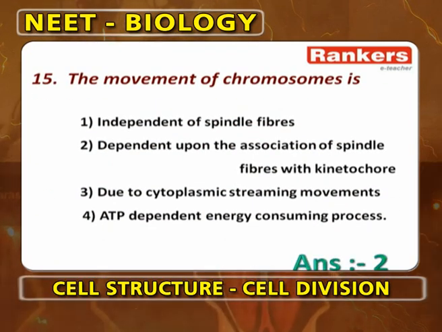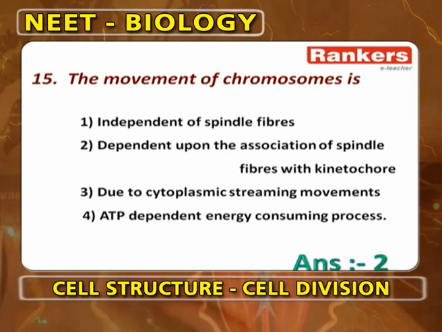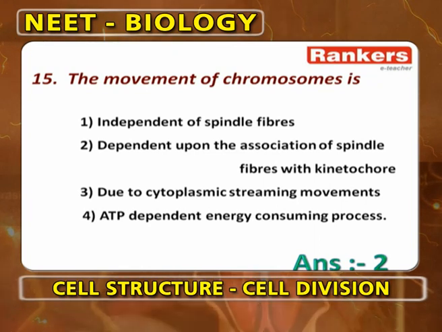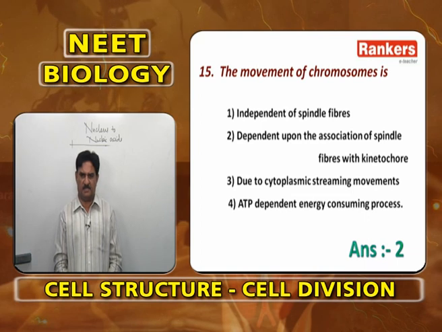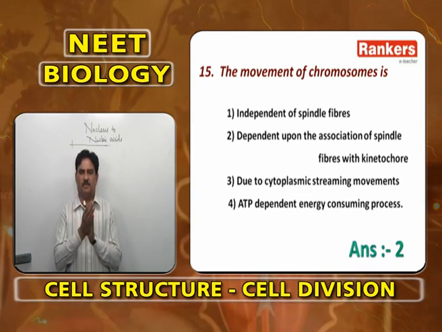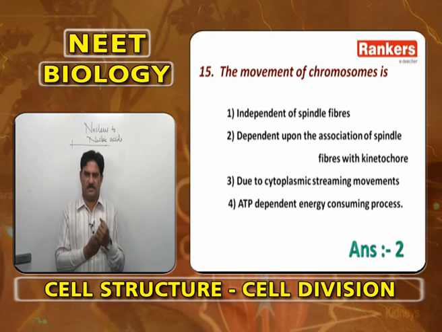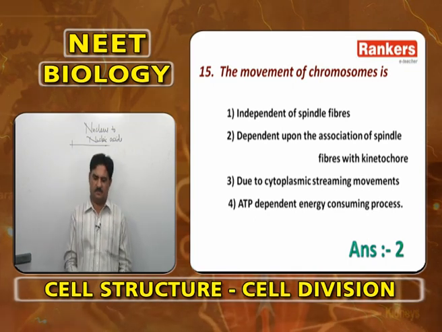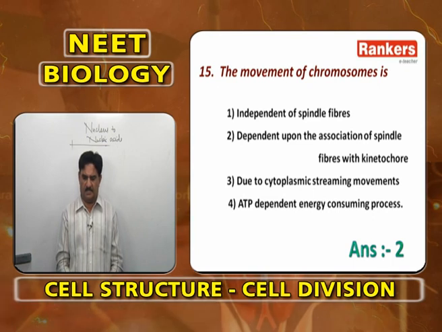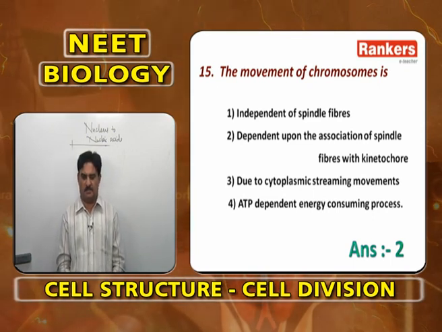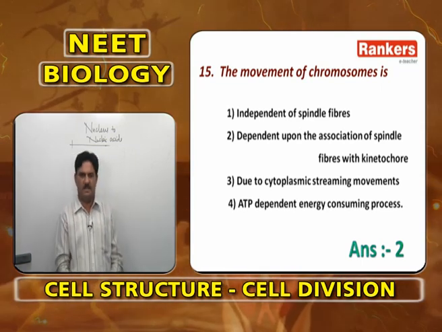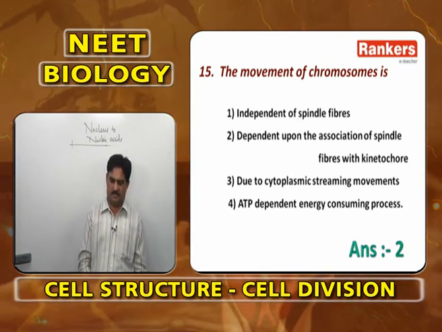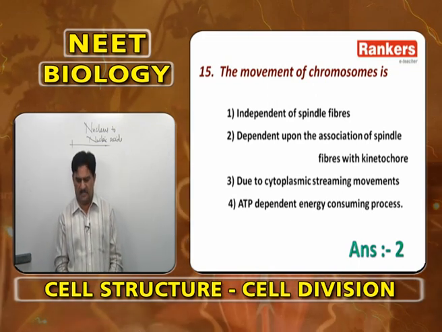The movement of chromosomes takes place independent of spindle fibers is wrong. Without spindle fibers coming and attaching to the centromere, without the contraction of chromosomal fibers running from pole to chromosome or centromere, without the condensation and movement of spindle fibers, chromosomes cannot move. Dependent upon the association of spindle fibers with kinetochores, this is correct. Kinetochore shows the implantation of microtubules, so spindle fibers easily attach to the kinetochores.